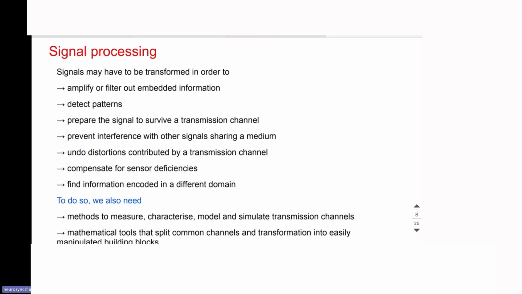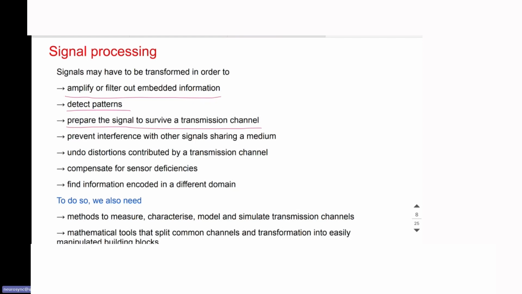We can transform the signal in order to amplify or filter out information, or to detect a pattern. We can also prepare the signal to survive a transmission channel. That we can do in signal processing.